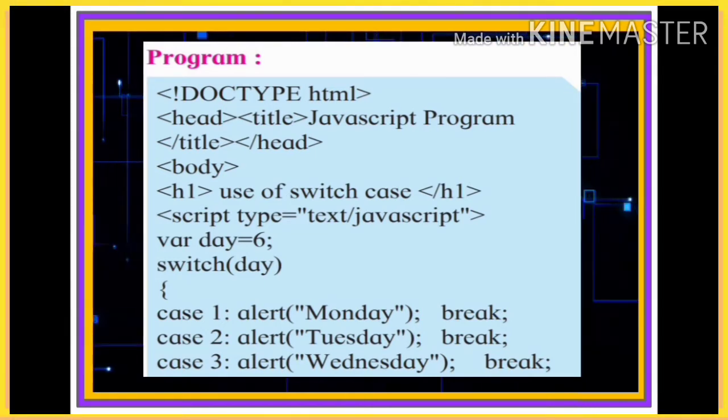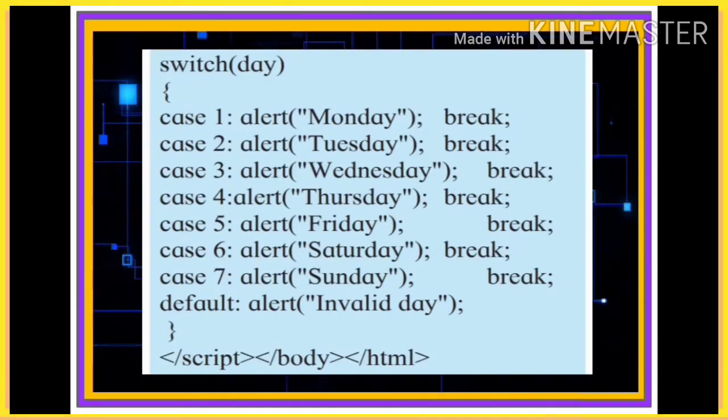Then in next line, write switch statement, pass day variable, open curly braces, mention case 1 as alert Monday, break, case 2 alert Tuesday, break, case 3 alert Wednesday, break, case 4 alert Thursday, break, case 5 alert Friday, break, case 6 alert Saturday, break, case 7 alert Sunday, break.